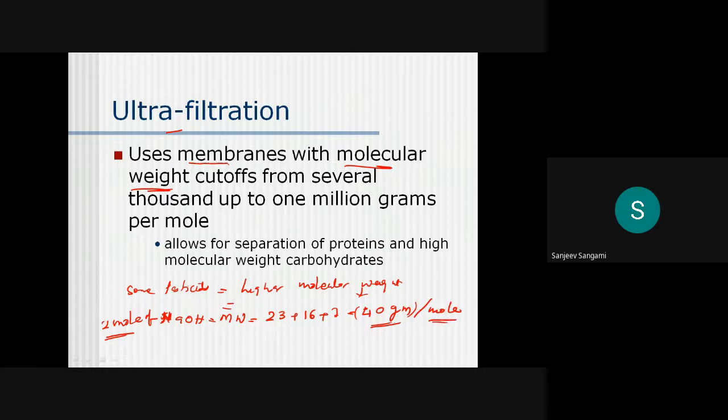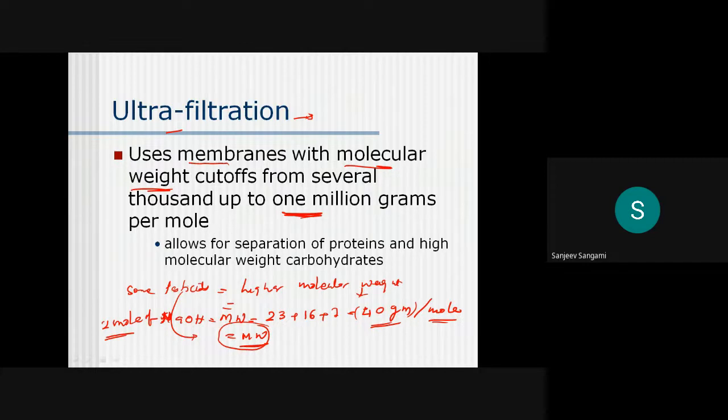Like that, if you see any pesticides, most of the pesticides have higher molecular weight. Even that type of high molecular weight compounds can be removed in these ultrafiltration membranes. So they are saying it is from several thousand to 1 million gram per mole of compounds that can be removed.